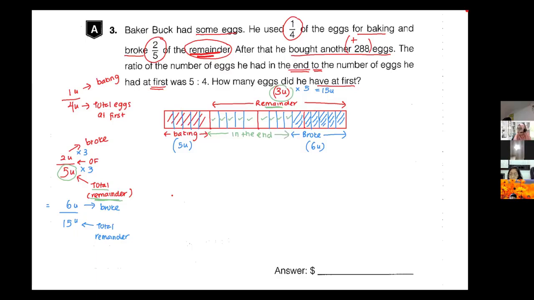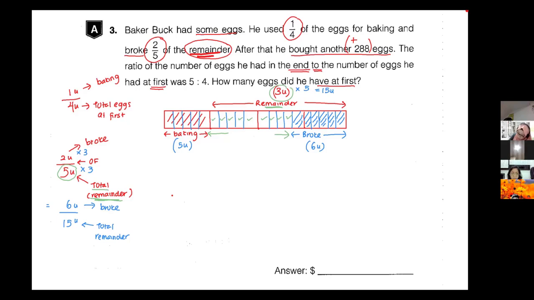Okay. So sorry, not in the end. This is what he actually bought. We have to know that he bought 288 eggs, right? So I want to know that 288 eggs is how many units.